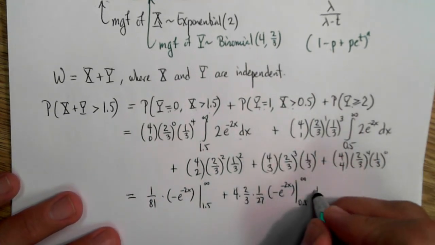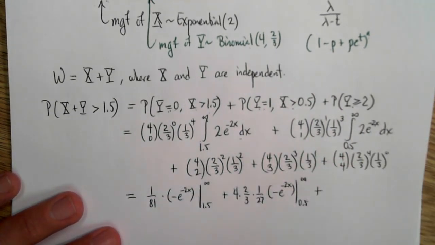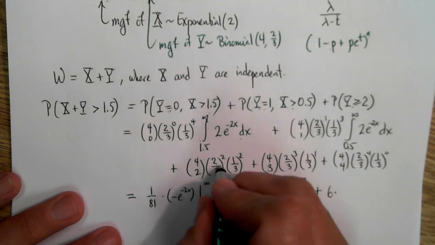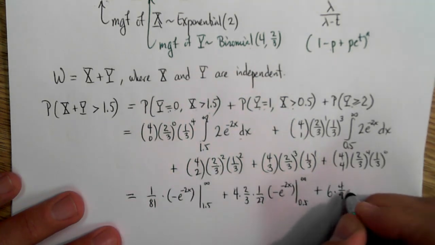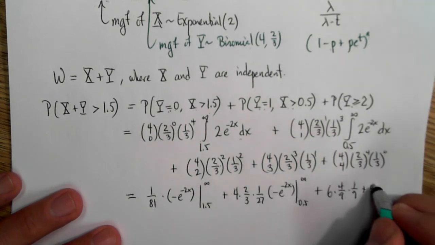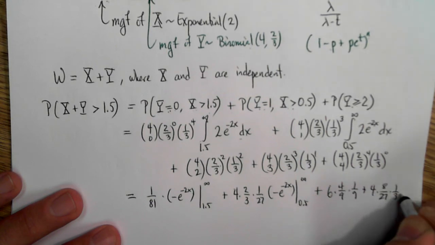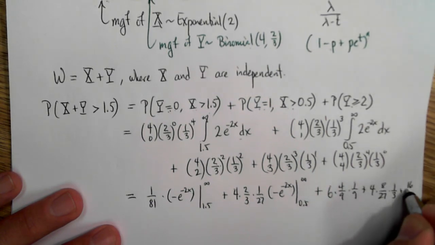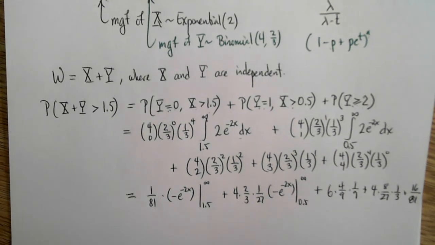And then lastly, we have these last three terms from the binomial distribution. So 6 times 4/9, and (1/3) squared is 1/9. 4 choose 3 is 4, times 8/27 times 1/3. And last is 16 over 81 for the last term.